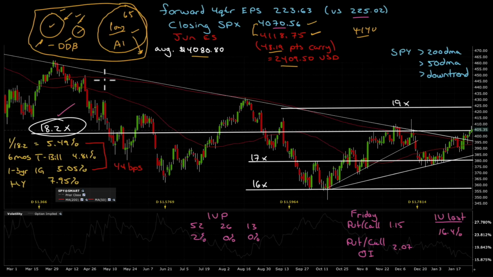Let's put this 18.2 into some context here. The earnings yield is 5.49%. The 6-month T-bill pays 4.81%. So you're getting less than 70 basis points of compensation for taking on risk. In 6 months, you are going to get 4.81% return on whatever the principal amount of T-bills that you're buying.